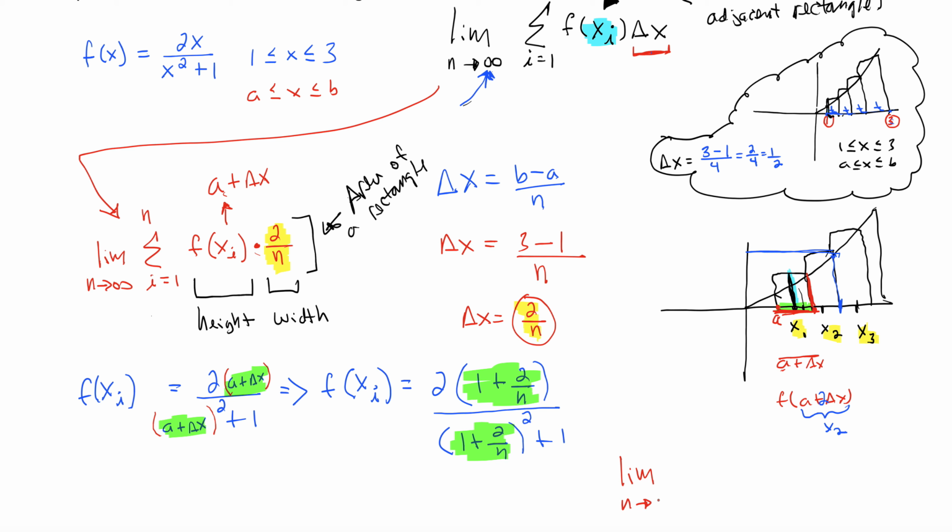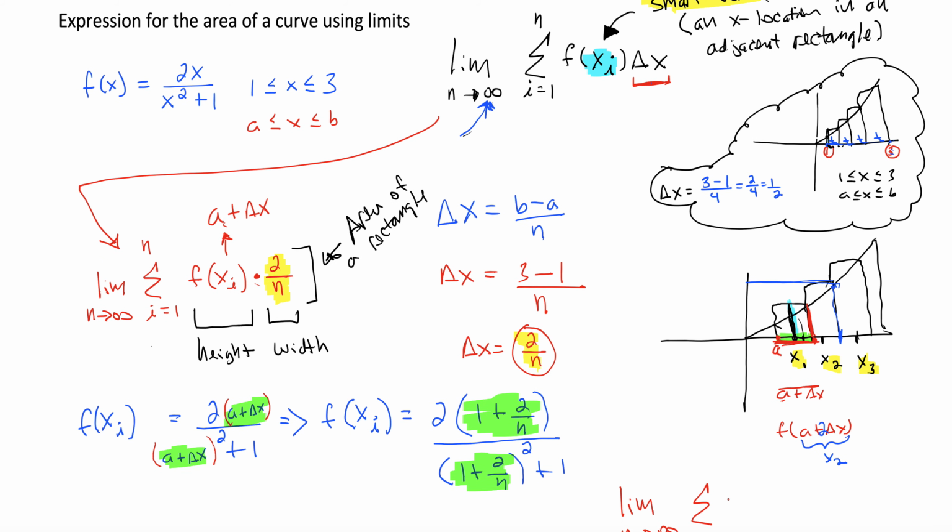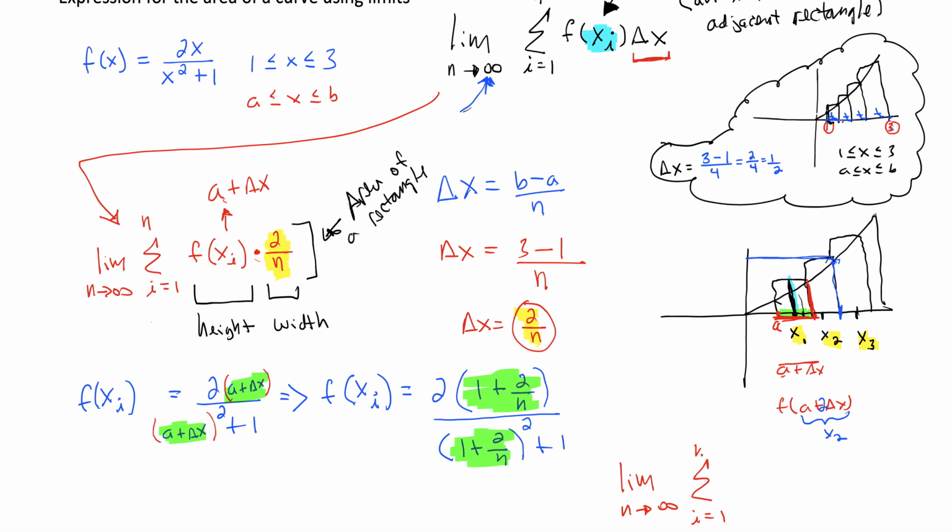As n approaches infinity, I'm just basically copying this down, of the sum is I, starting from I equals 1 to n, to this stuff that I just got right here, which is my f of xi.